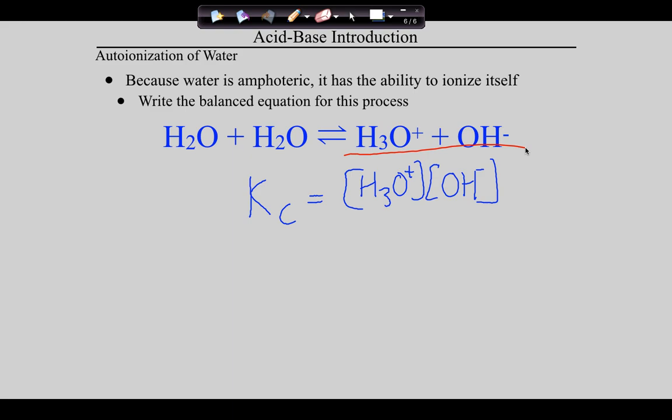Do you understand what we're saying? Well, guess what? You can actually then measure the concentration of this. And when we measure the concentration of hydronium, what will it be relative to the concentration of hydroxide? The same. And guess what it is? In distilled water, the concentration of hydronium ion is 1 × 10⁻⁷ molar. Do you get it?